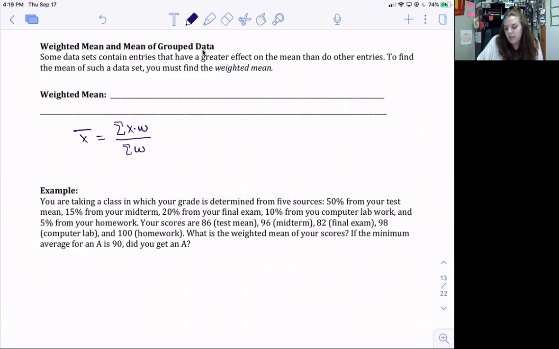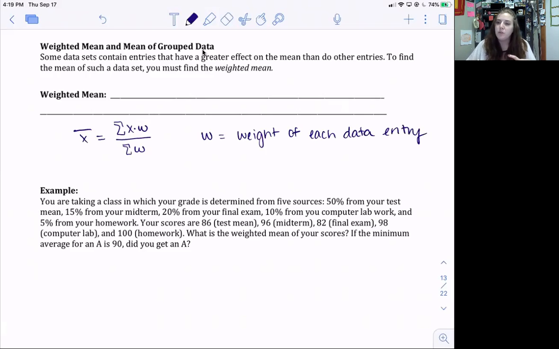Here W, again, represents the weight of each data entry. This is most commonly found when we're looking for the GPA, or your grade in your math class, since we have weighted categories.